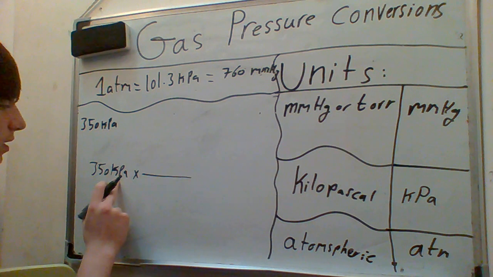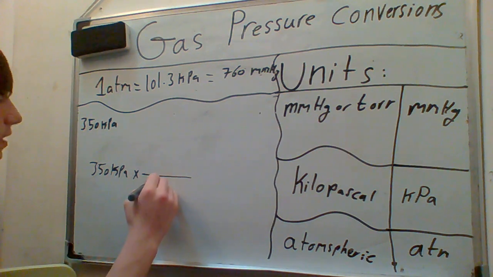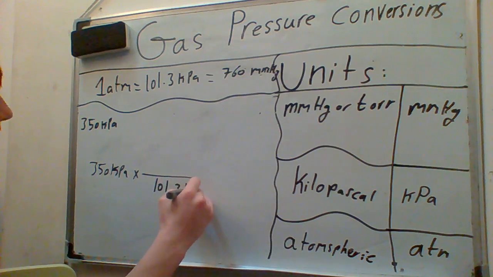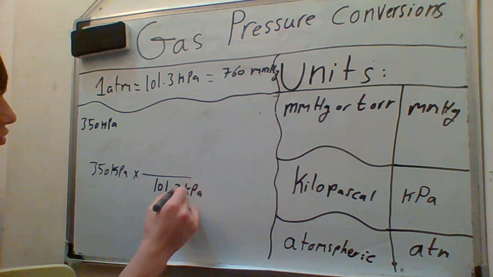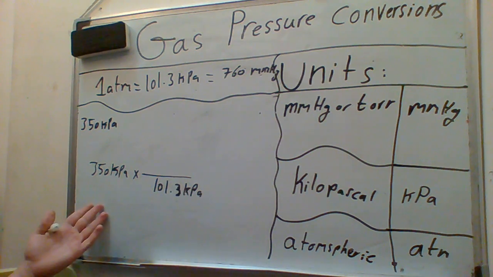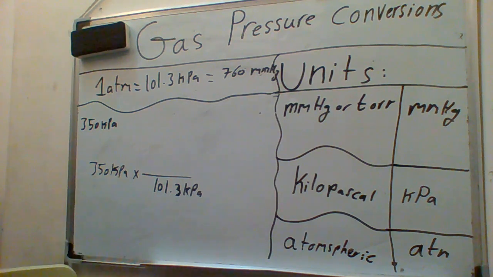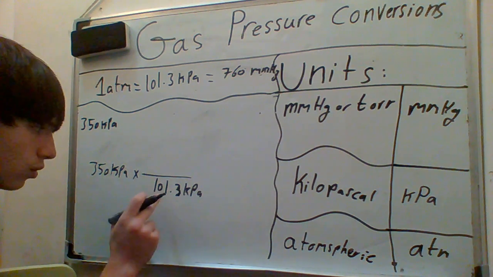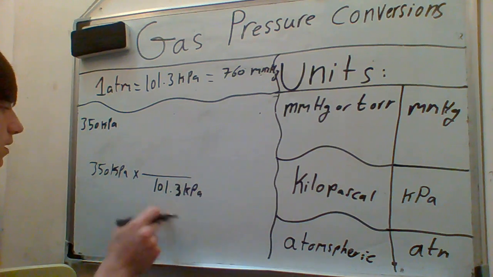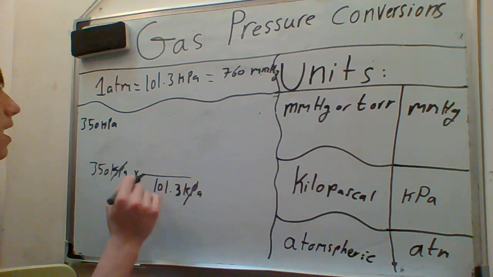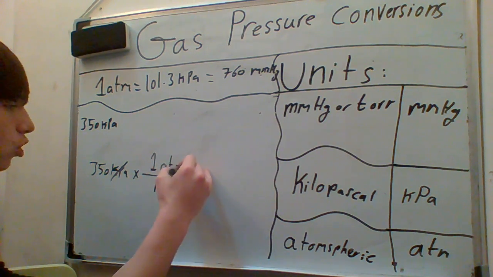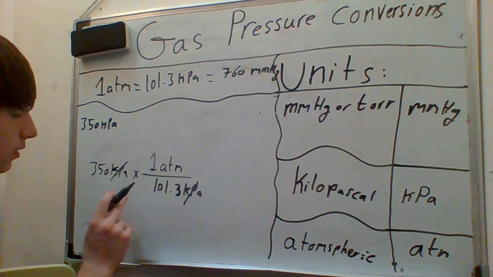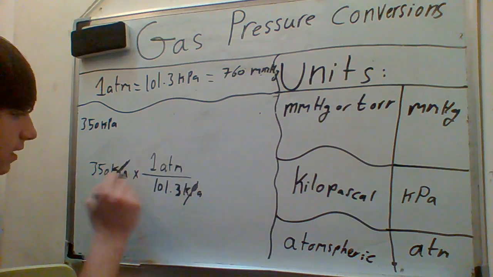So we write 350 kPa over 101.3 kPa, because this is the standard conversion used when talking about gas pressure conversions. So kPa cancels kPa out, and since we're converting to atm, we write atm above. The unit that we want is always up, and the unit that we need to cancel is always down.